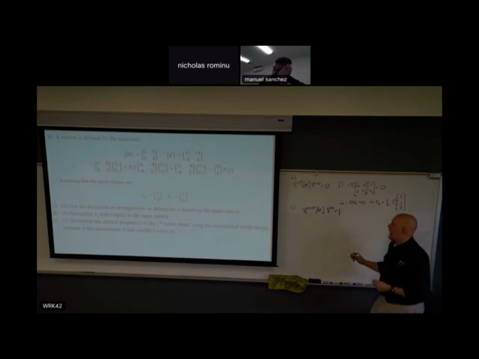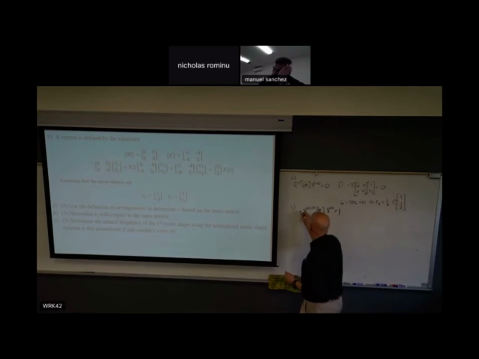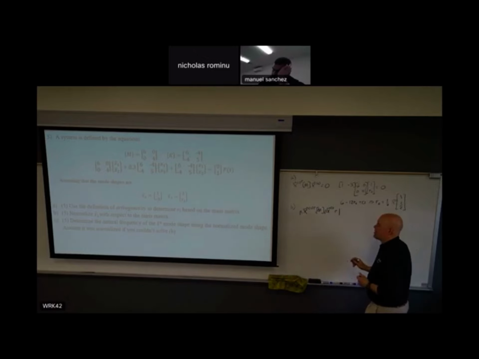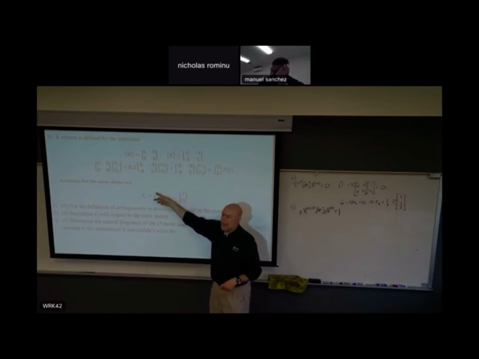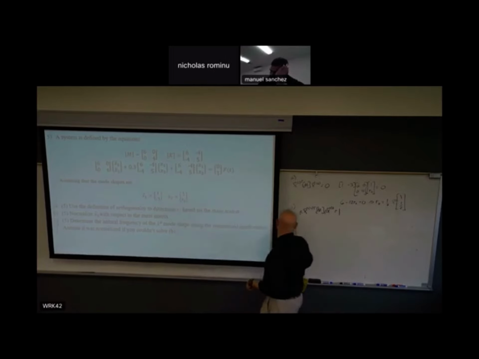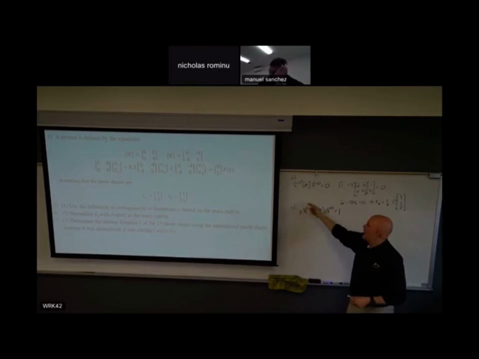So we can apply a scaling factor to each of your x's. Because again, this is a mode shape. This is your relative amplitude. So mass 2 is always going minus 3 times mass 1. So in this case, mass 1 is going P1, and mass 2 is going minus 3 P1.